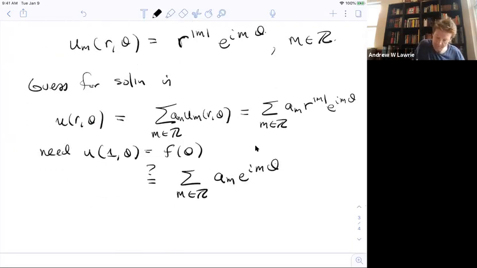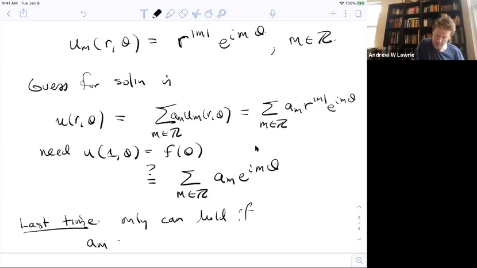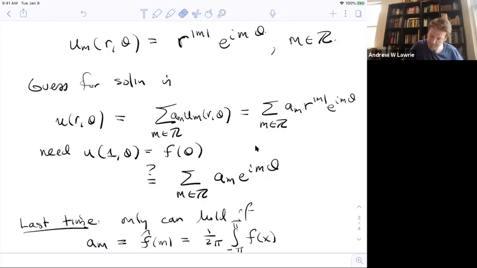And we know from last time that this can only hold if the a_m are given by the Fourier coefficients of f, which are given by 1 over 2 pi, integral from minus pi to pi of f of theta, e to the minus i m theta, d theta.